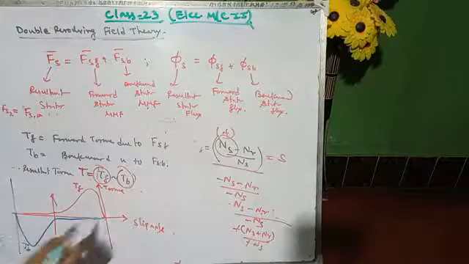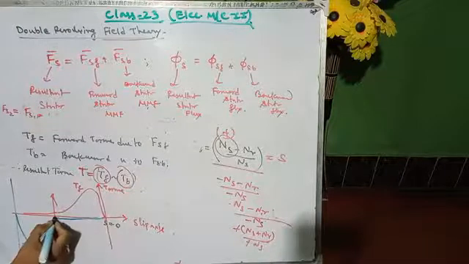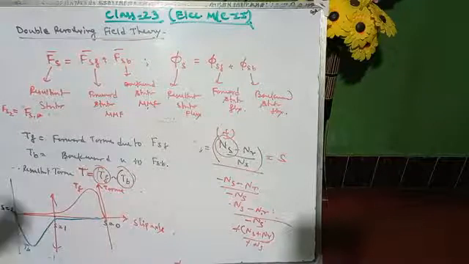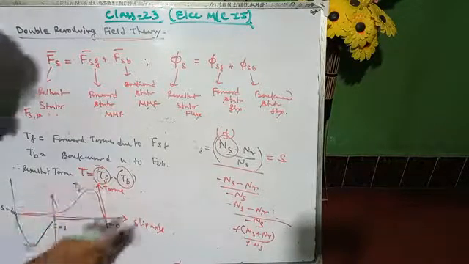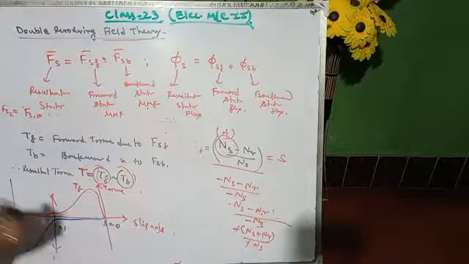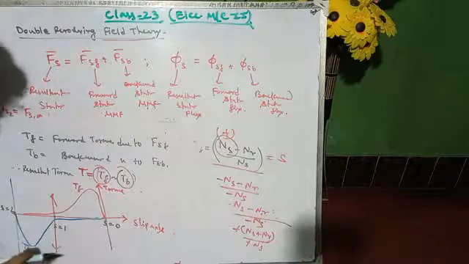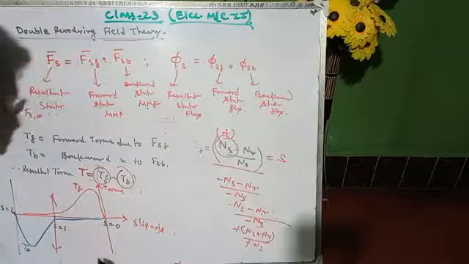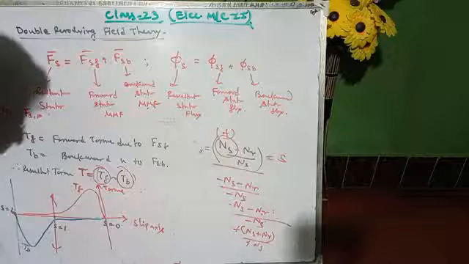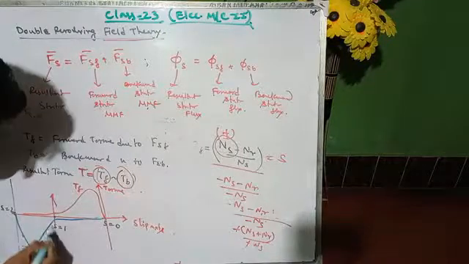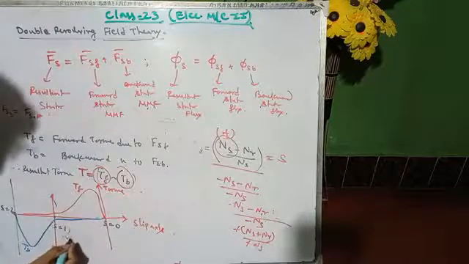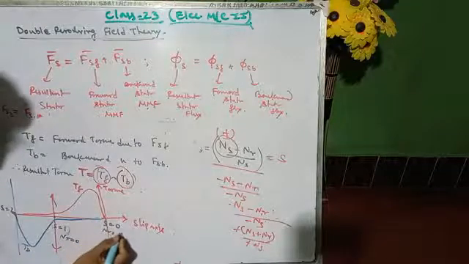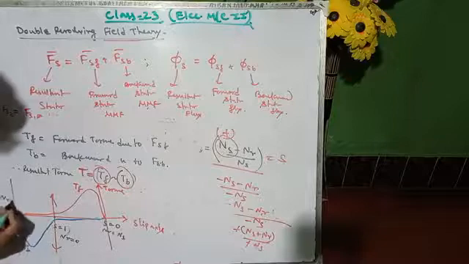So here s equals 0, here s equals 1, and here s equals 2. This is the torque-slip characteristics of a single phase induction motor without any auxiliary winding. That means slip equals 1 means Nr equals 0. Here Nr equals Ns, and here Nr equals minus Ns.